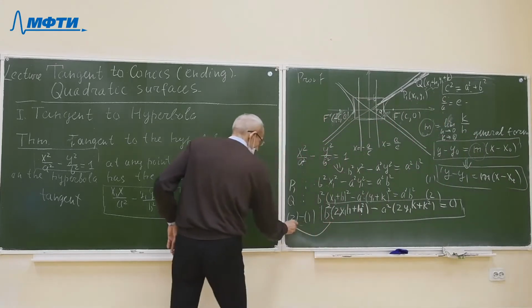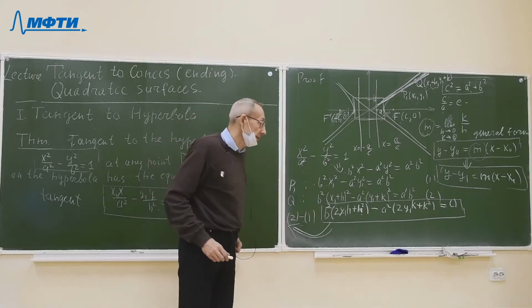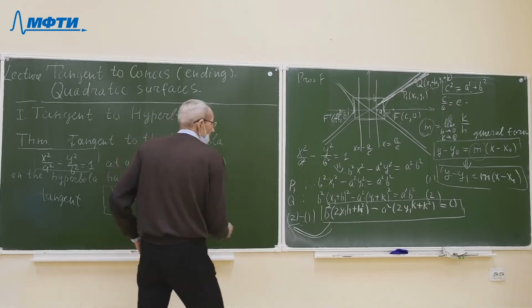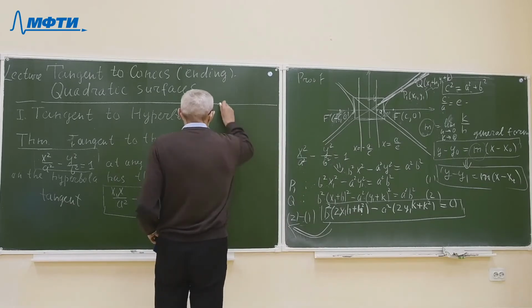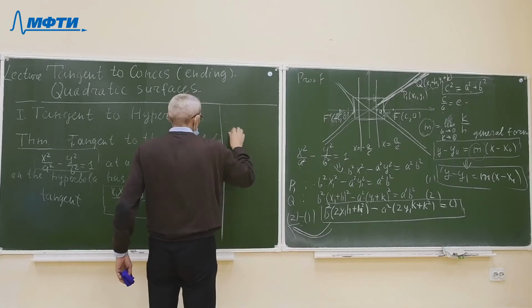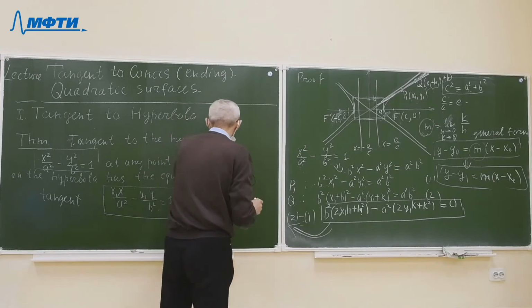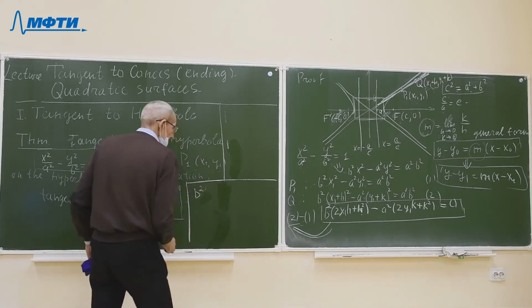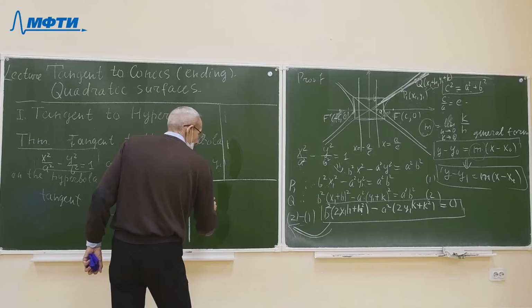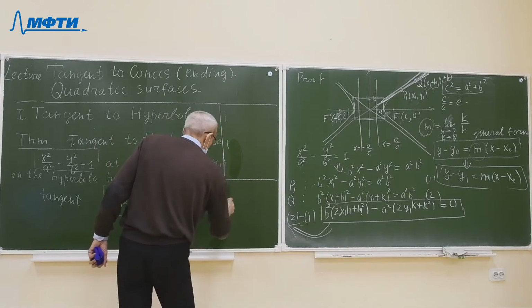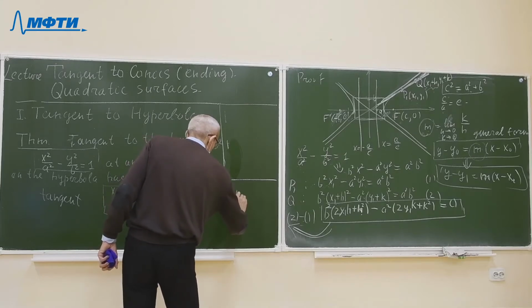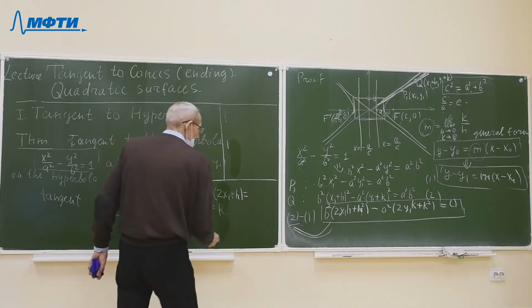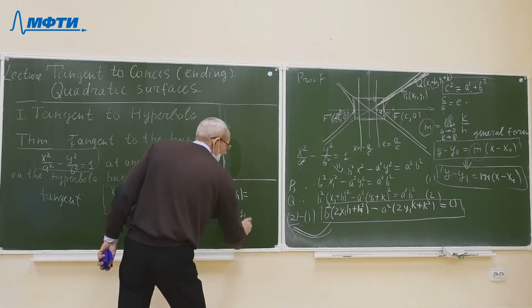And we can rewrite the last equality in the following form: b square h times 2x1 plus h is equal to a square k times 2y1 plus k.